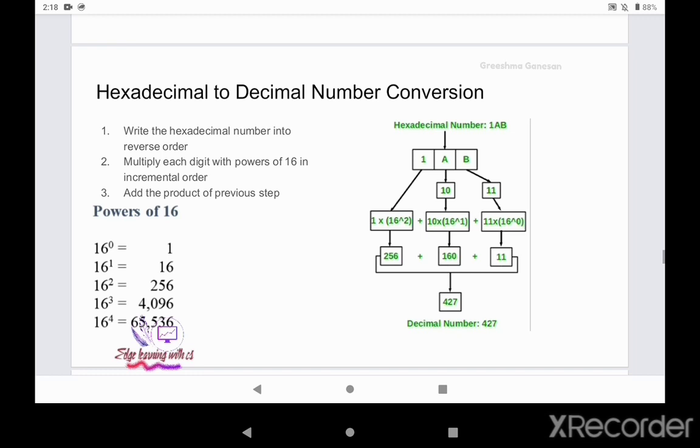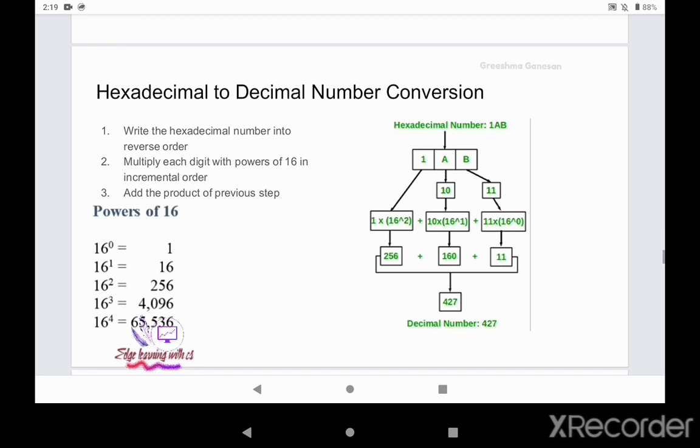Then what is the second step? Multiply each digit with the powers of 16 in incremental order. If you are rewriting the number in reverse order, you multiply with the 16 powers in incremental order. In the flow chart we didn't reverse the numbers, so we just look at the number from right to left. That is the only difference.